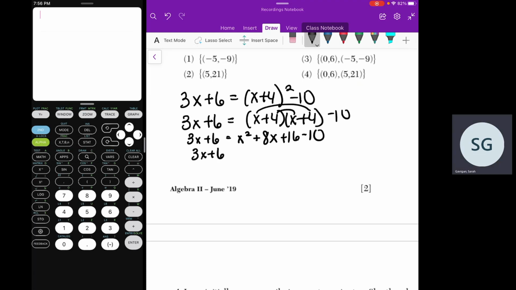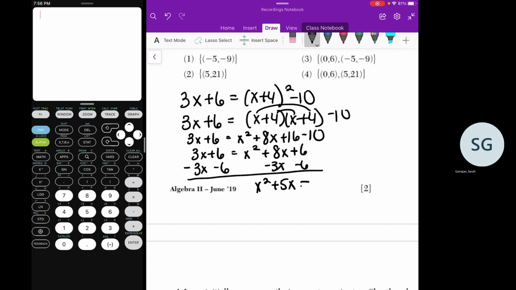So I'm going to continue to solve here. Now that I have everything multiplied out, I'm going to get it equal to 0. So I'll move those two terms over to the other side. x squared plus 5x, those 6's are going to cancel out. I'm just going to put my 0 on the right-hand side.